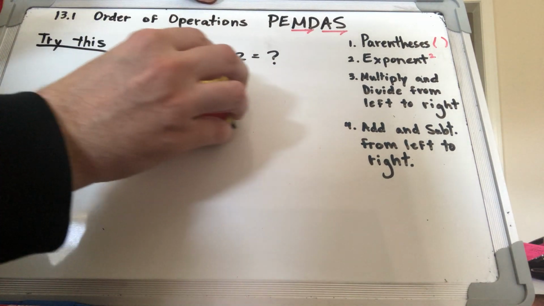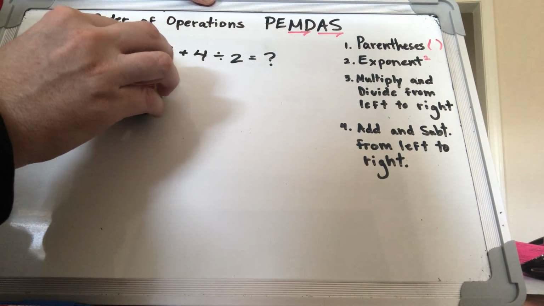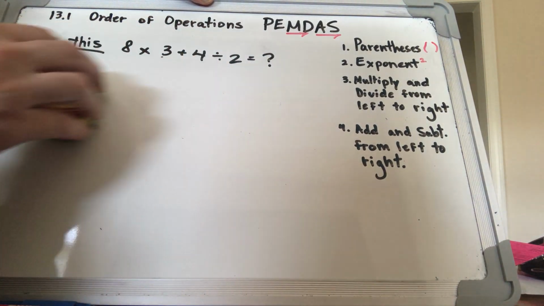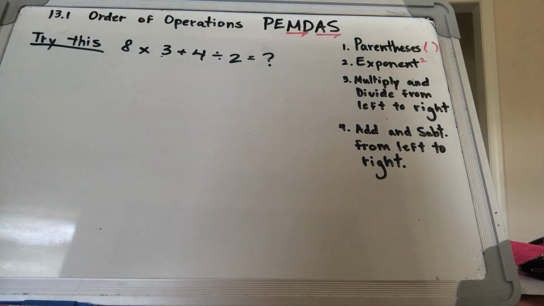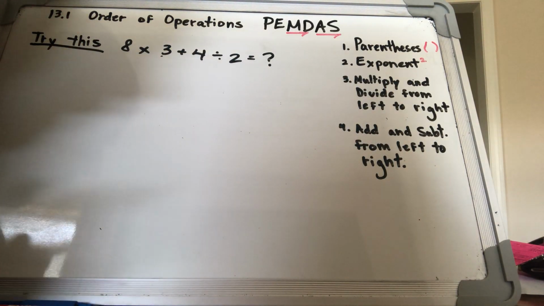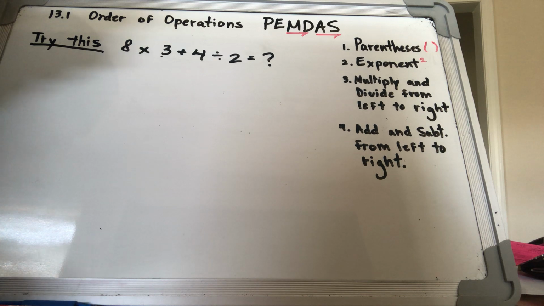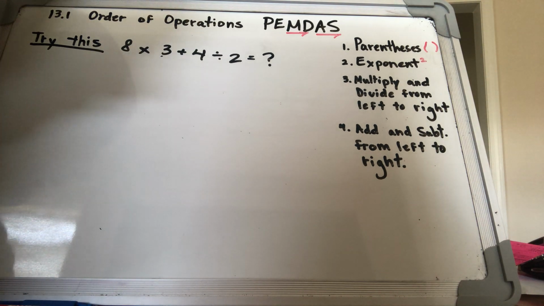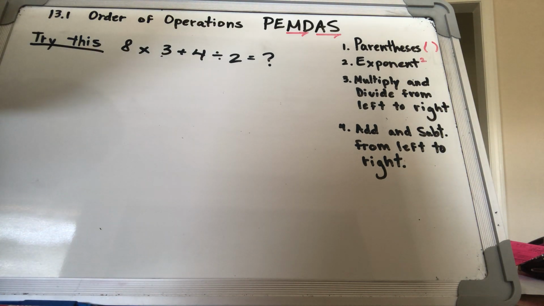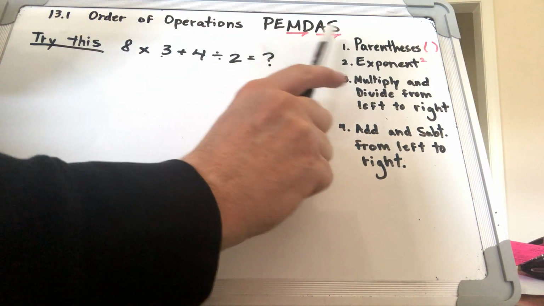Our whole life we've been doing that. But now we are going to learn about the order of operations. This has to be solved in a specific order in order to get the correct answer. So we have to follow an order called PEMDAS.